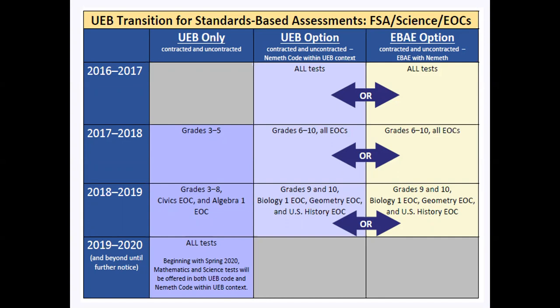So still having Nemeth within the UEB context. So there will be the option of both for the FSA and NGSSS. So just the math and science of the FSA and NGSSS, you have the option of either using straight UEB, no Nemeth, or using UEB with Nemeth.